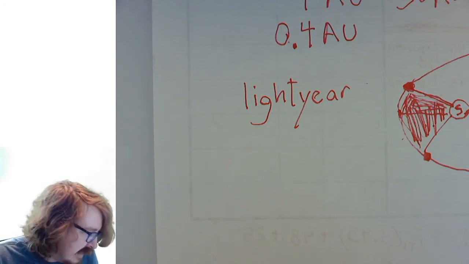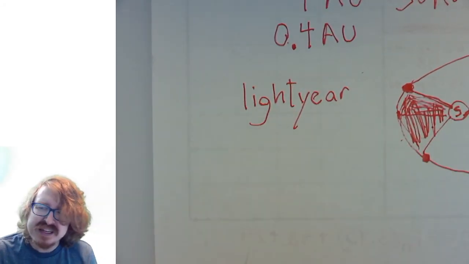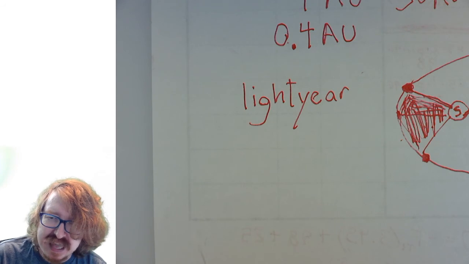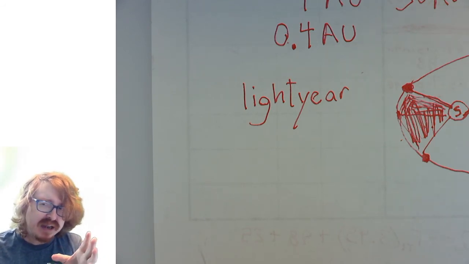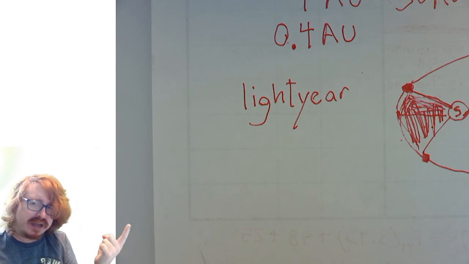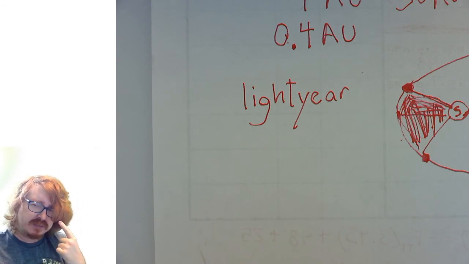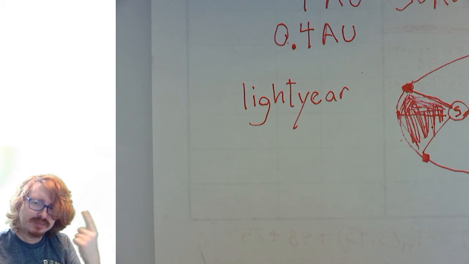So how big is this? Does anybody know how long it takes light to get to us from the sun? Sometimes people know that fact. This is light coming to us from the sun.